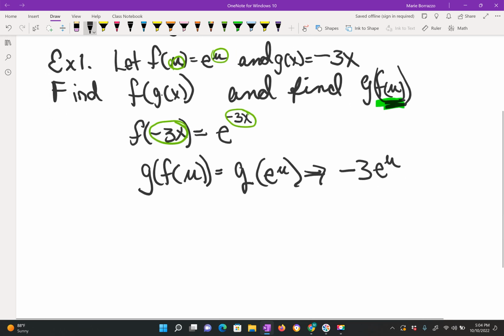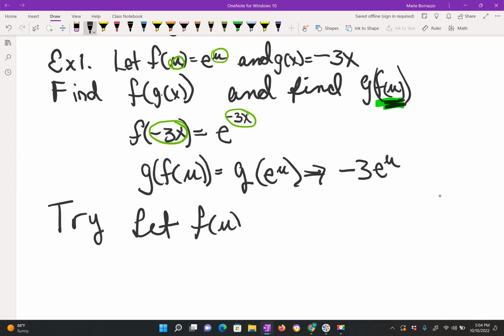All right, good. Let's try one. This relates directly to what we just did. Same thing: let f of u equal 2u, and g of x equal e to the x.